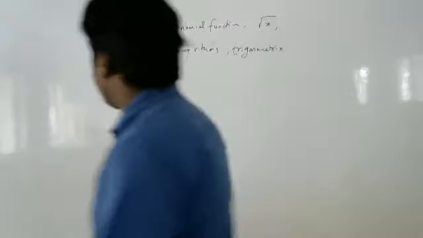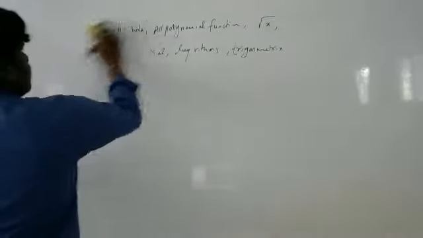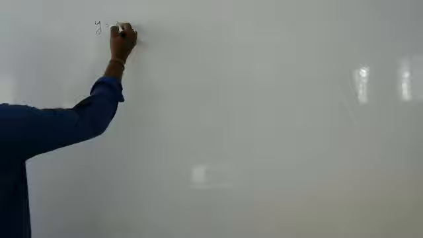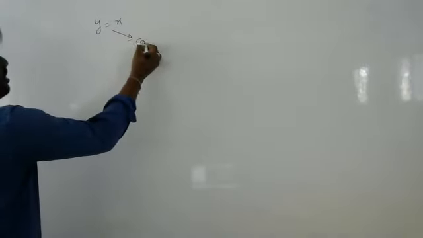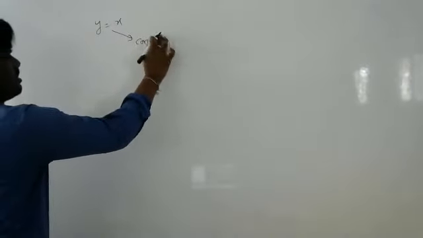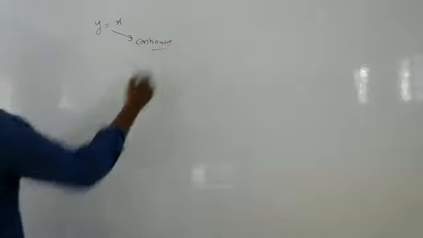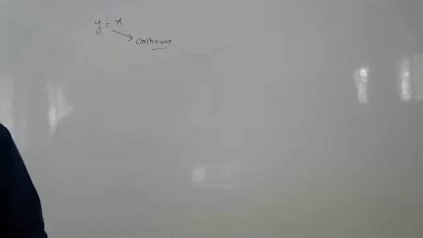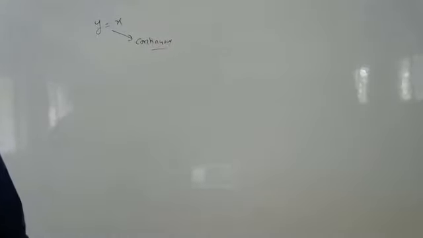Now let's see here. I'll tell you continuity and discontinuity related things, which I explained just now. Is y equal to x continuous or not? Is f of x equal to x a continuous function or not? Please tell me.